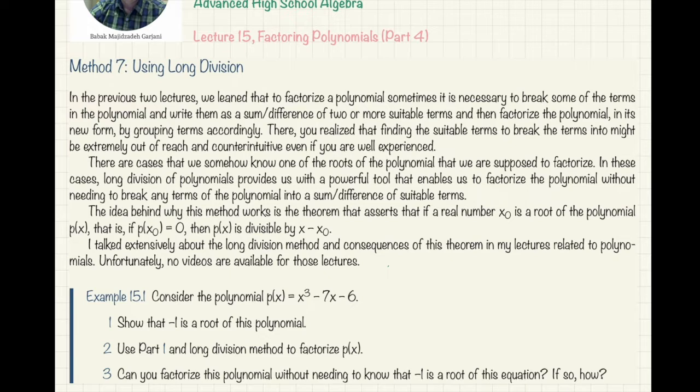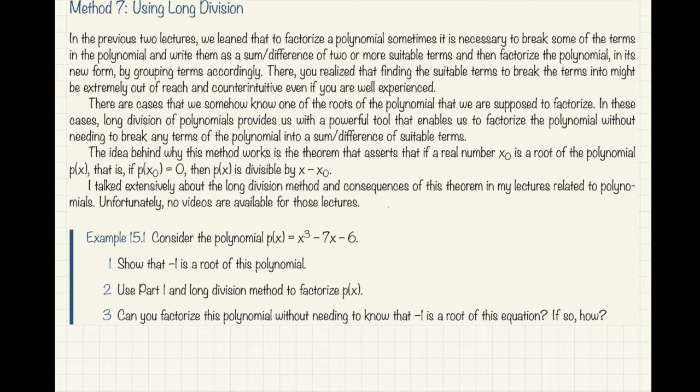The theorem tells you that if you have a polynomial p of x, and you know that p calculated at x0 is equal to 0, namely if x0 is a root of your polynomial, then, as we saw when I was teaching you about polynomials, p of x is divisible by x minus x0. Okay? So take this for granted.